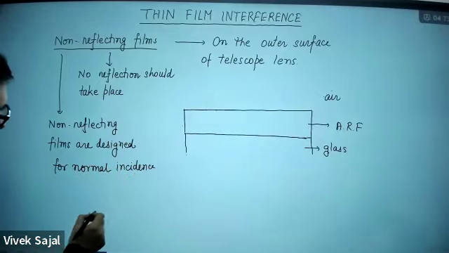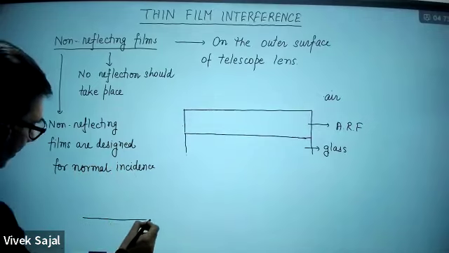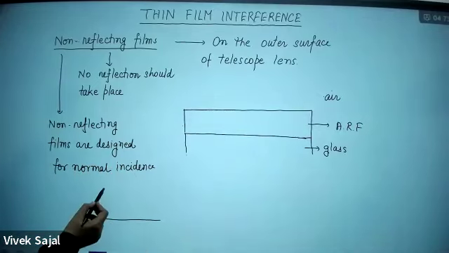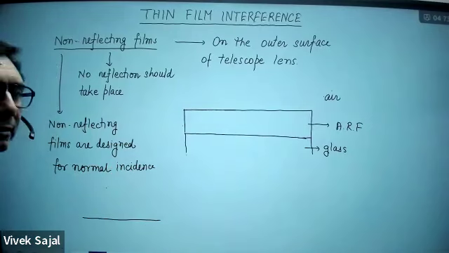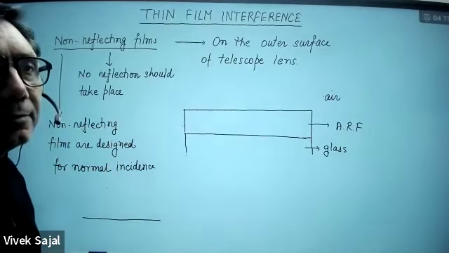What is the meaning of normal incidence? Suppose this is a surface or interface on which light is incident. For normal incidence, the angle of incidence will be 0.